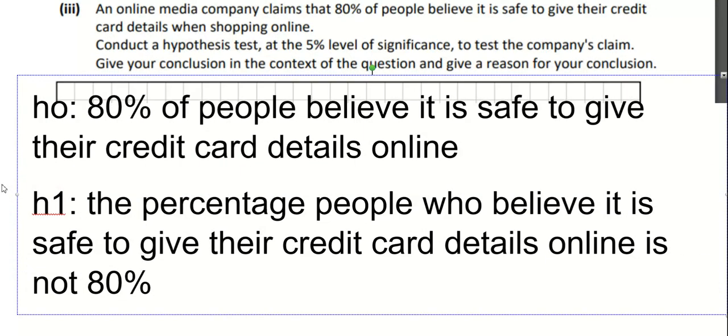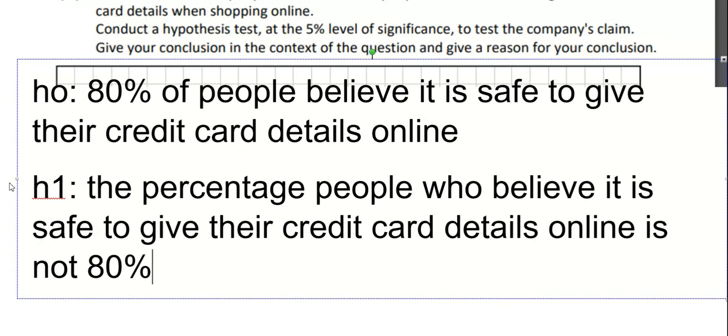Now, at the 5% level of significance, test the company's claim, give your conclusion in the context of the question and give a reason for your conclusion. Okay.